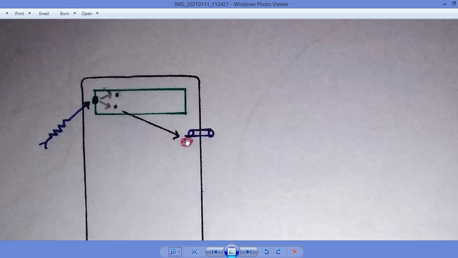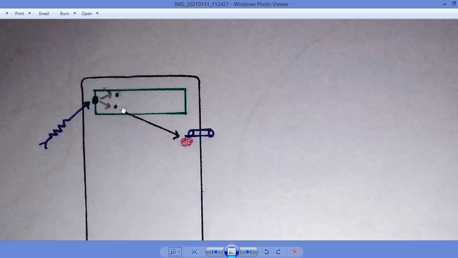Normally, when our eyes are closed and we do not see any object, the cGMP is combined with this sodium channel, and there is an influx of sodium from the outside environment into the inside environment.